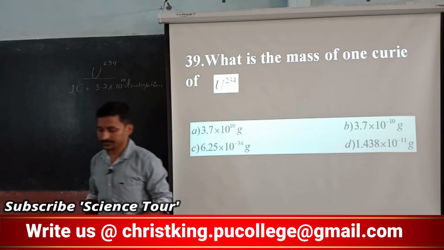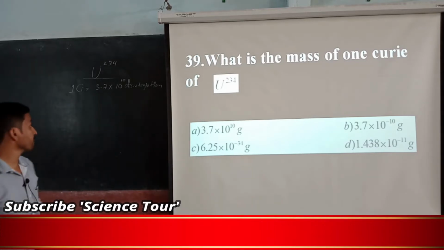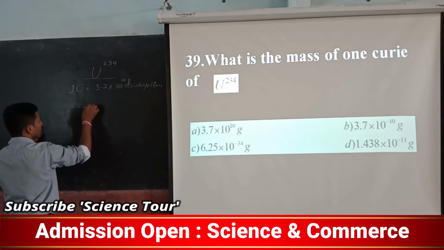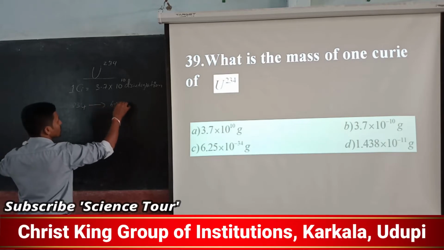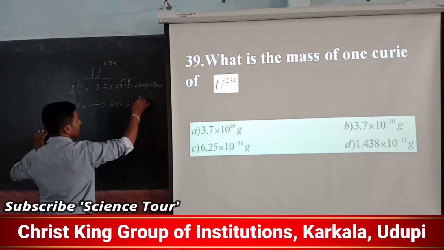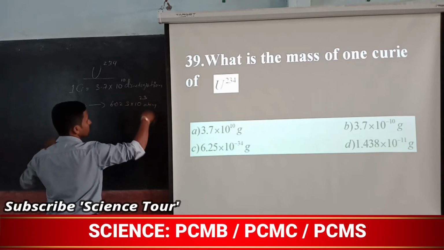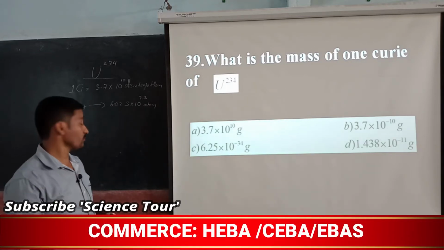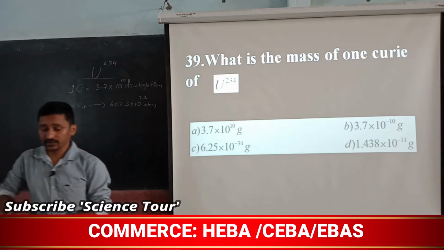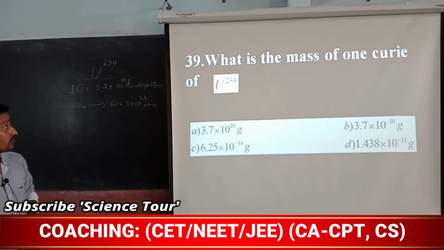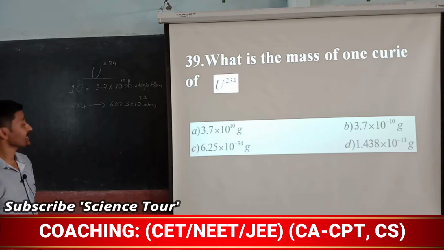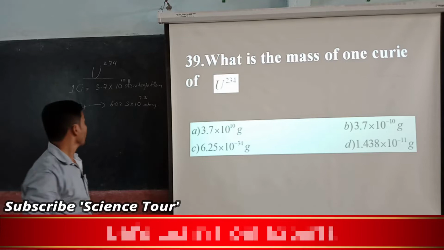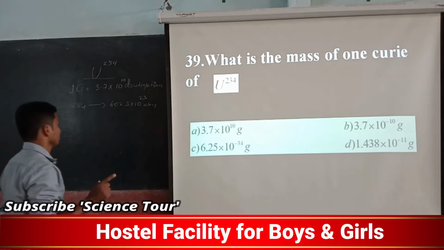How can we calculate? So 234 gram, that is the molecular weight. You know that if you take 234 gram of uranium, 6.023 into 10 to the power 23 atoms are there, no? Now 3.7 into 10 to the power 10 disintegrations happen. Okay, that is 1 curie.